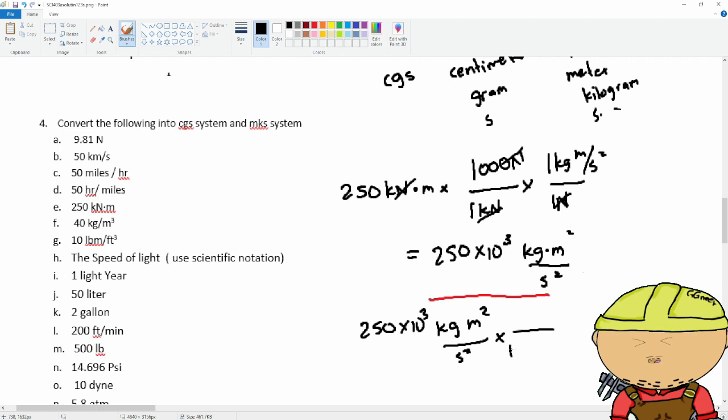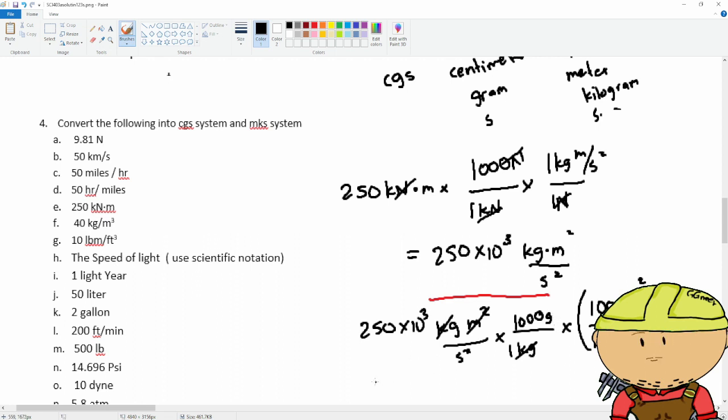So for CGS, 250 times 10 cubed kilogram meter per second squared. 1 kilogram is 1,000 gram. Then 100 centimeter over 1 meter, but because we have meter squared in our unit, we square that. Cancel, cancel.